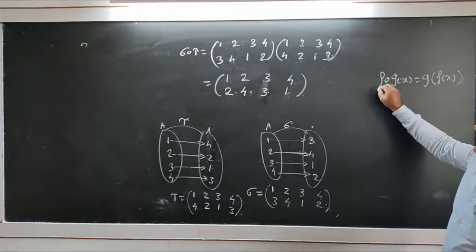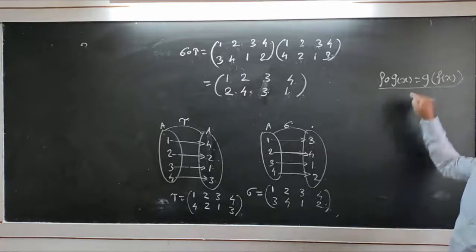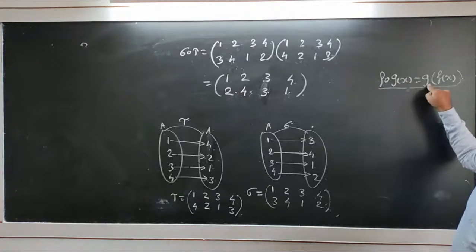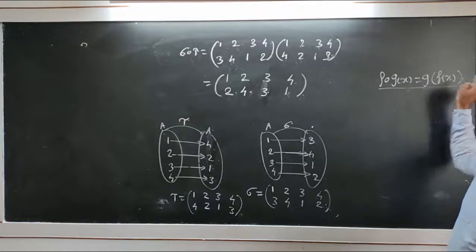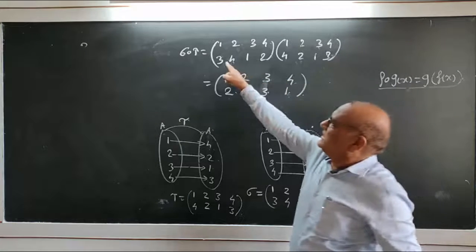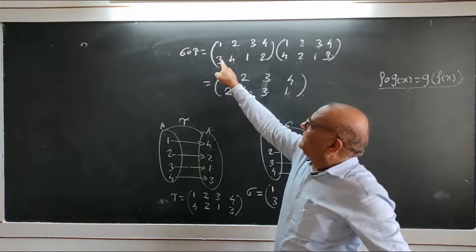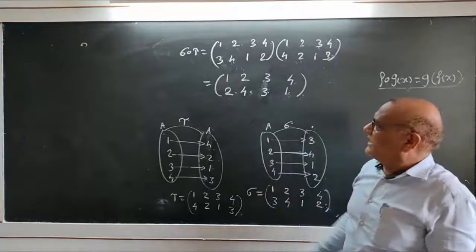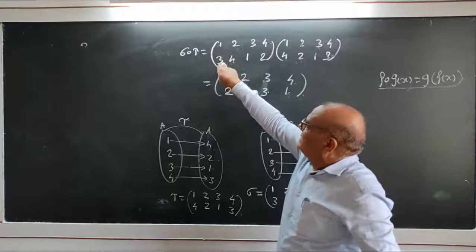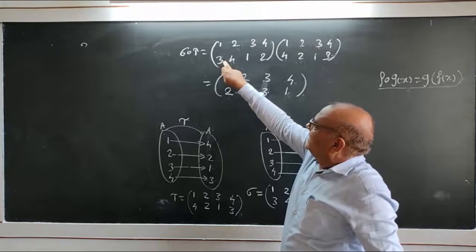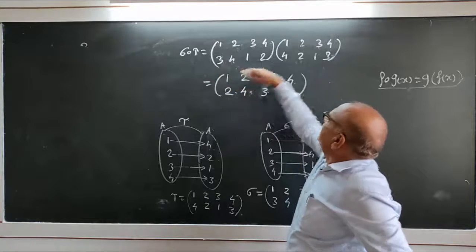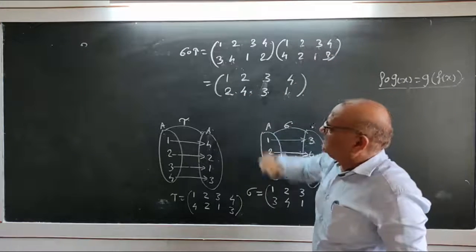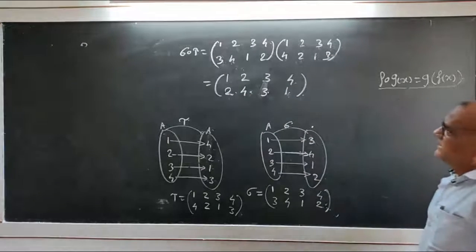If any text defines composition this way, f composition g of x equal to g composition f of x, then this multiplication may be from left to right. That means first see the image of 1 under sigma, 1 goes to 3, and here the image of 3 is 1. That means the image of 1 is 1, like this.